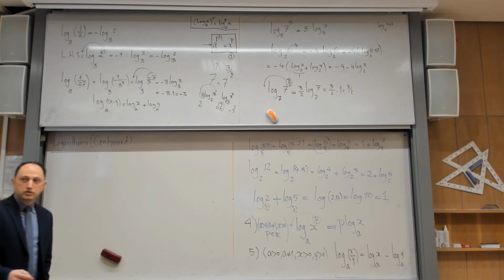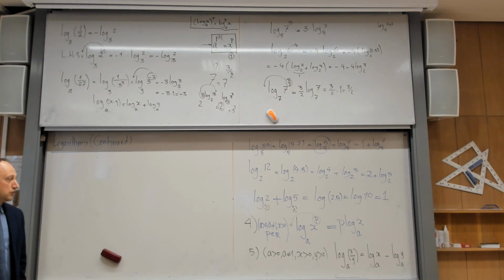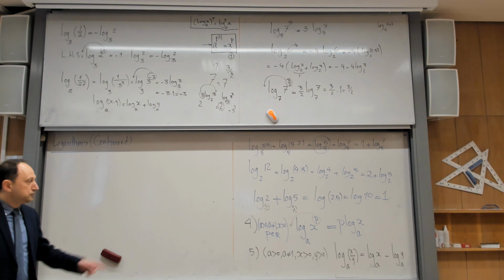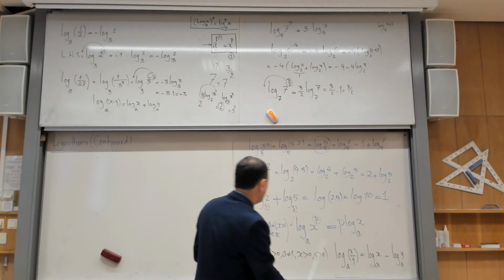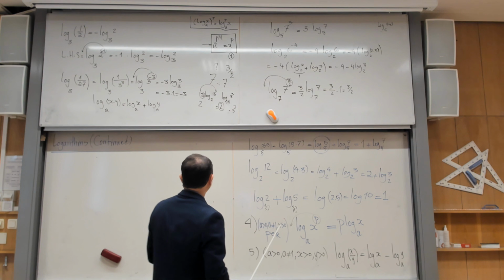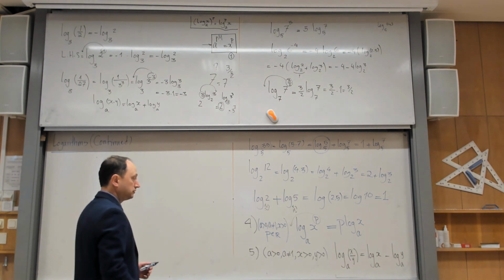But if I don't want to start from scratch, do I have an alternative now? It's always useful in mathematics to not start from scratch when it's possible. What can I do? I can prove this using two properties. One property is this property, and one property is the product rule.